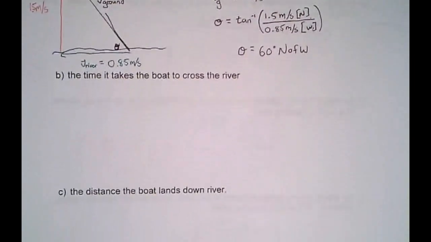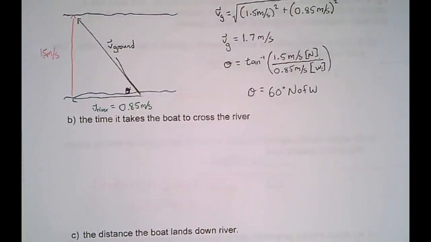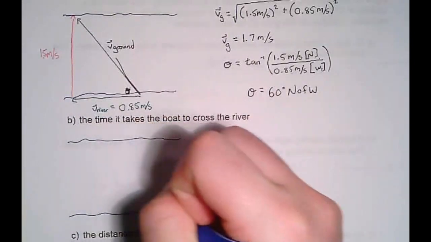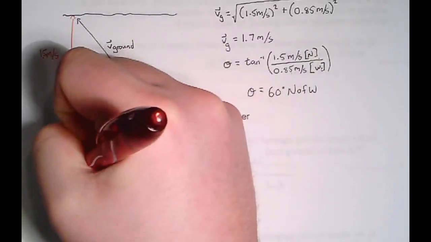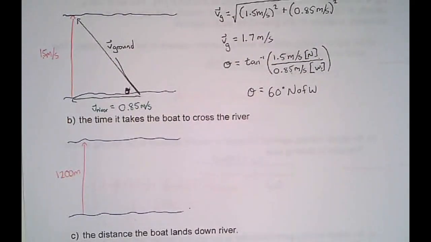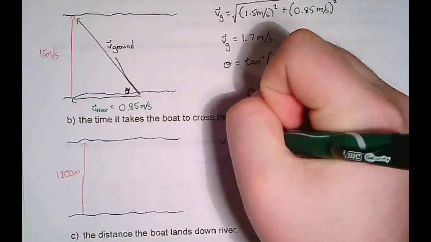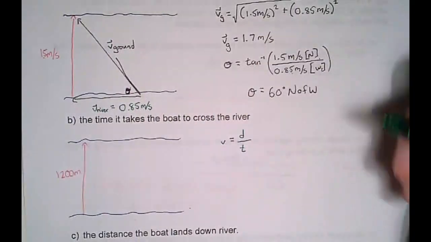So we want to take, in our next example, the time it takes for the boat to cross the river. So our river, I'm going to redraw it here. Our river is a distance from one side to the other of 1,200 meters. Going back to grade 10, we have the formula: speed is equal to distance over time.